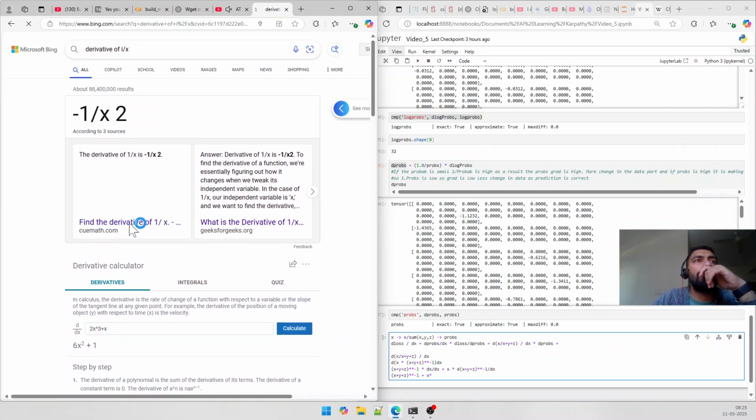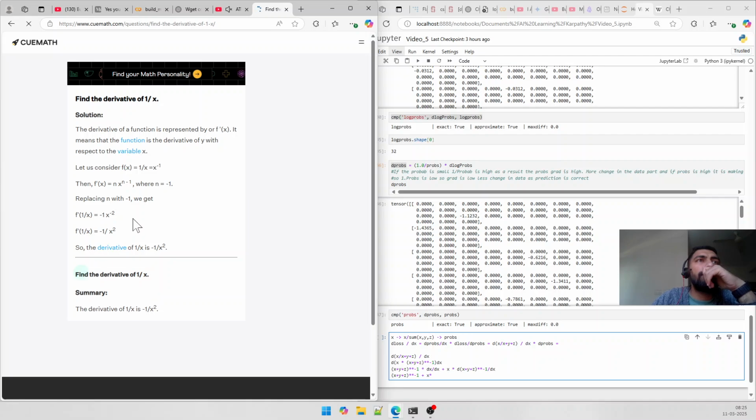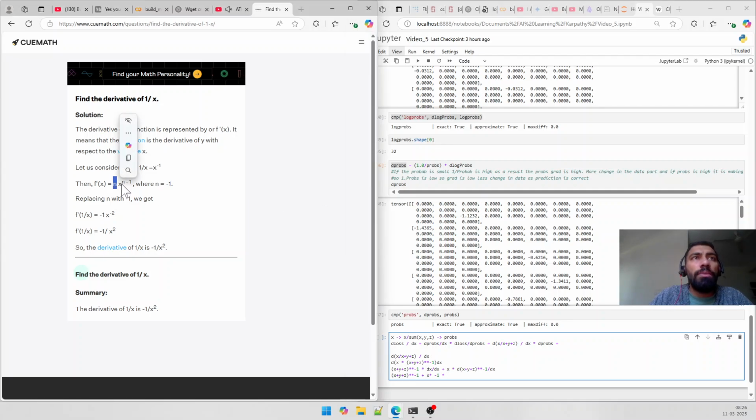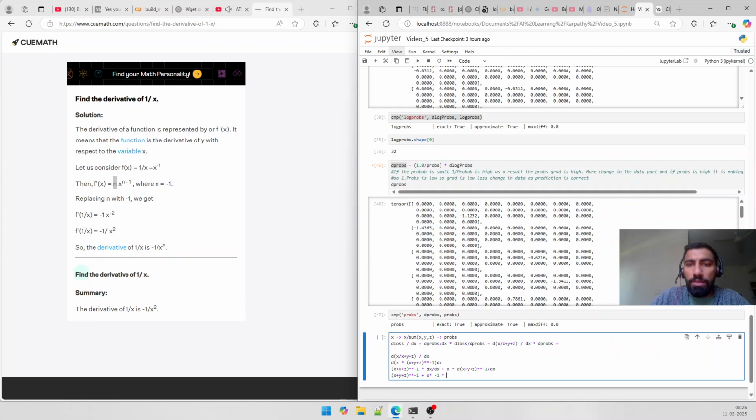So the minus 1 will come out. The power came out, the power reduced by 1 more, so this will become minus 2, into the differentiation of the inside. dx by dx will be 1 plus 0 plus 0, so it will be 1. Okay, the differentiation of this.